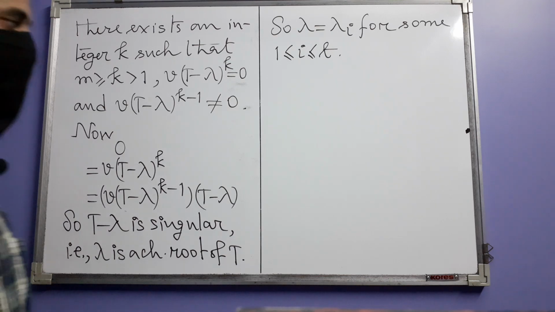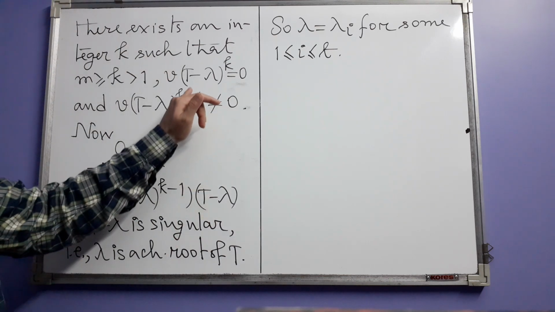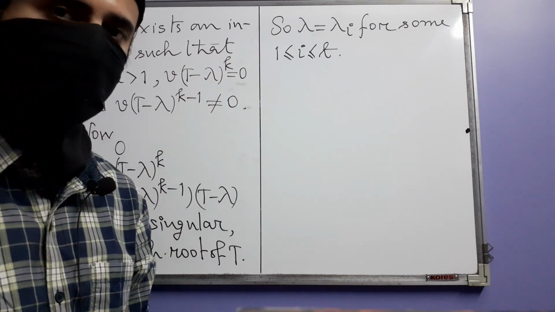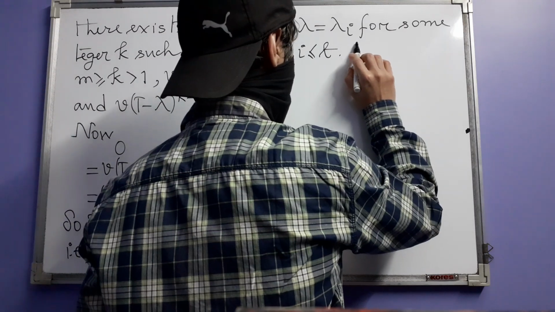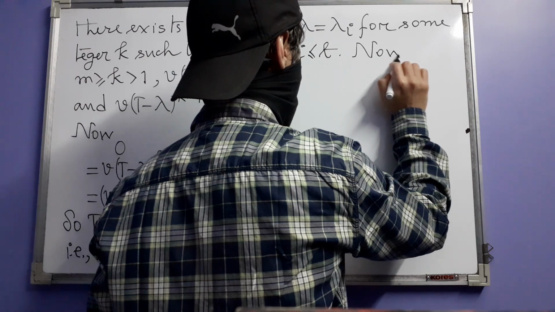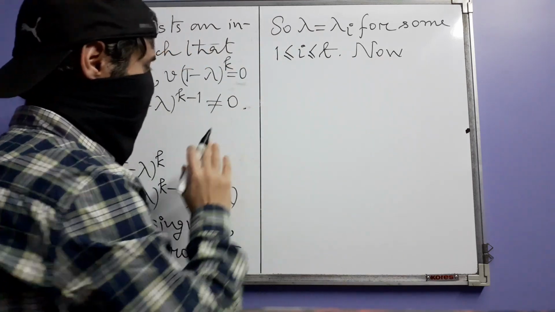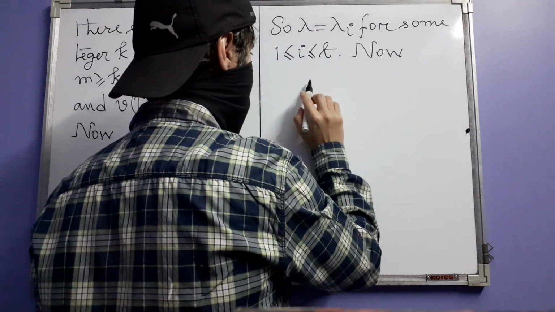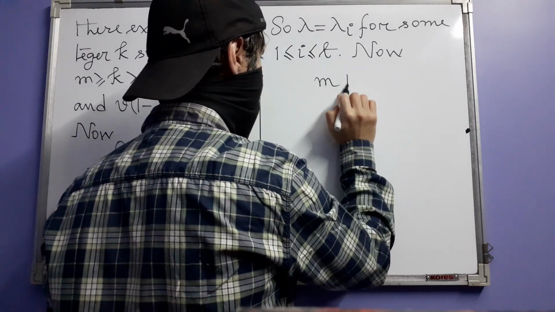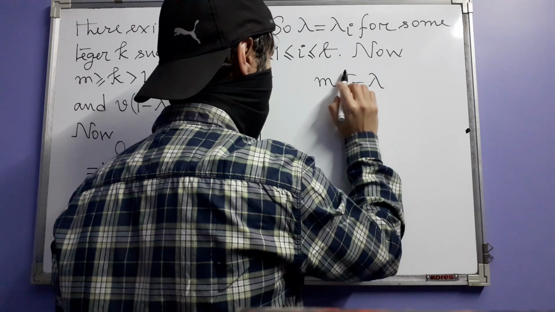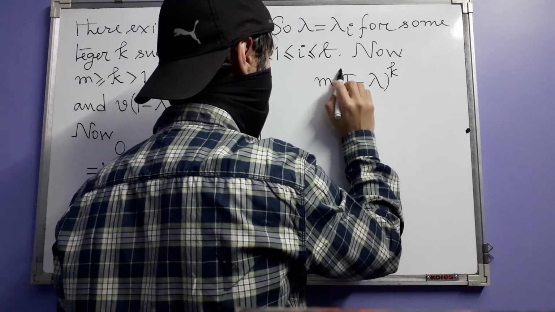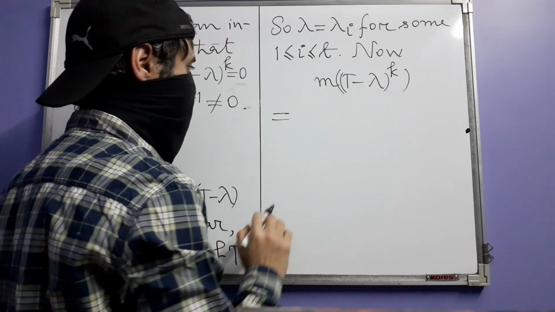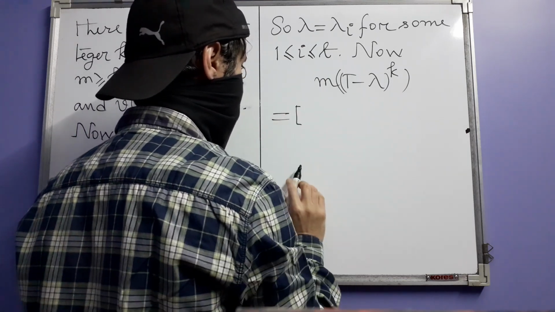Okay, so with this information, let us now write the matrix of this kth power of t minus lambda. This matrix is also going to be a diagonal matrix. And the matrix in our notation is going to look like this.